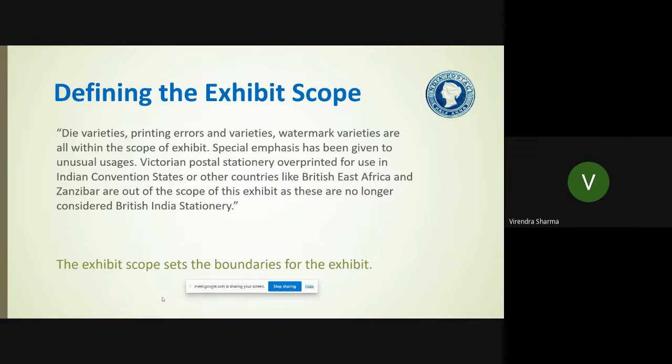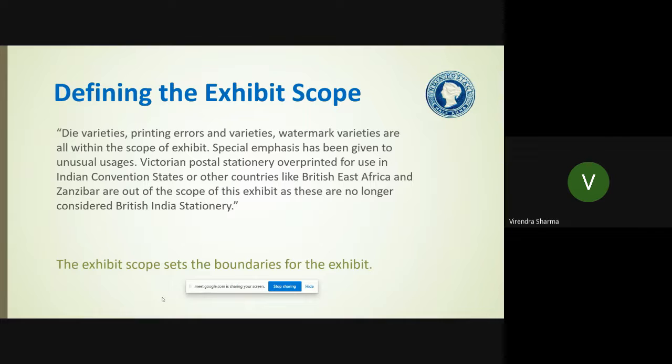At the same time, he explains that special emphasis is given to the unusual uses. For this, British India stamps printed for convention states and other countries like British India and Zanzibar are out of scope, because he has explained that those were not part of British India, those were external countries.